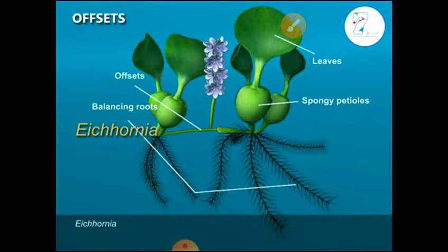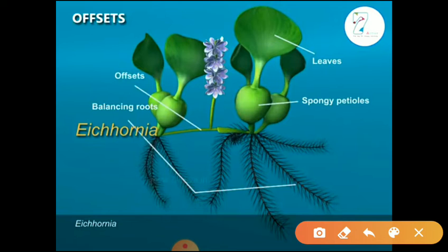It grows by means of offsets which bear leaves and roots in clusters at the nodes. Once it starts growing, its eradication becomes very difficult. It was introduced in India for its broad and attractive leaves and showy flowers. The luxurious growth of water hyacinth makes water oxygen deficient and fishes start dying for want of oxygen.